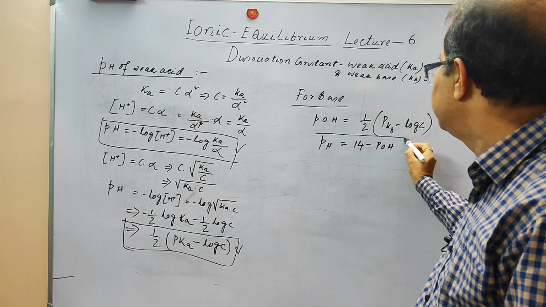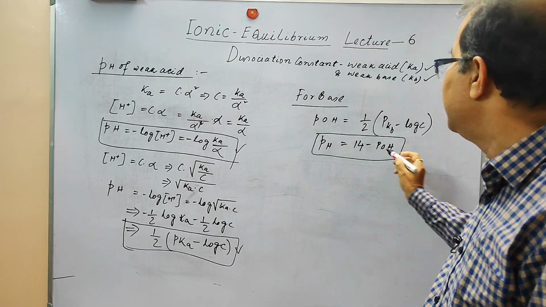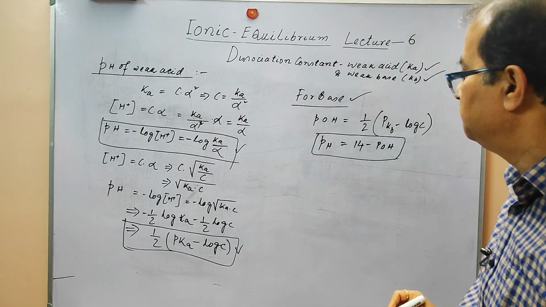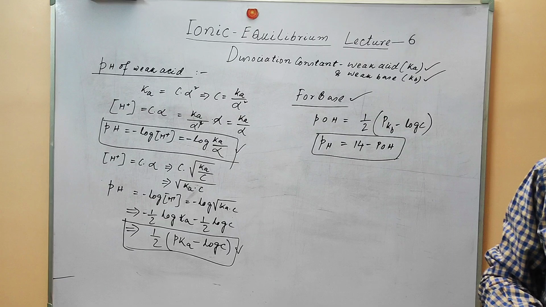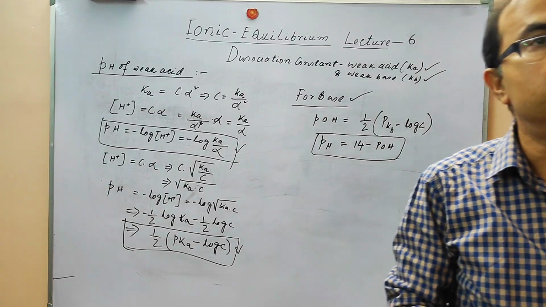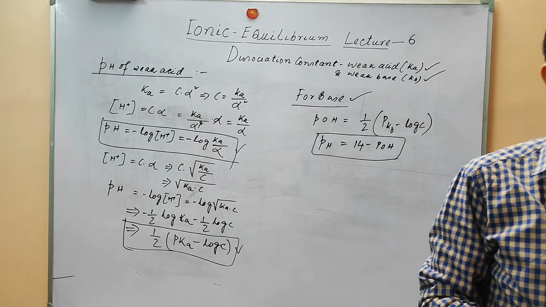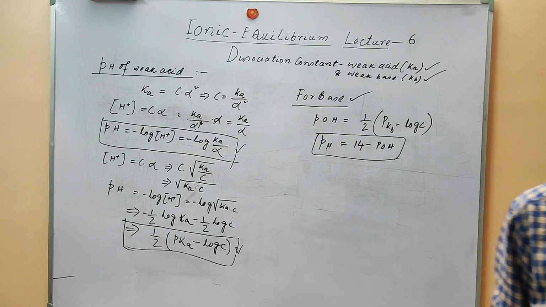So we put in this value and we get the pH of the base also. So you understood how we can calculate the pH and dissociation constant of weak acids and weak bases.